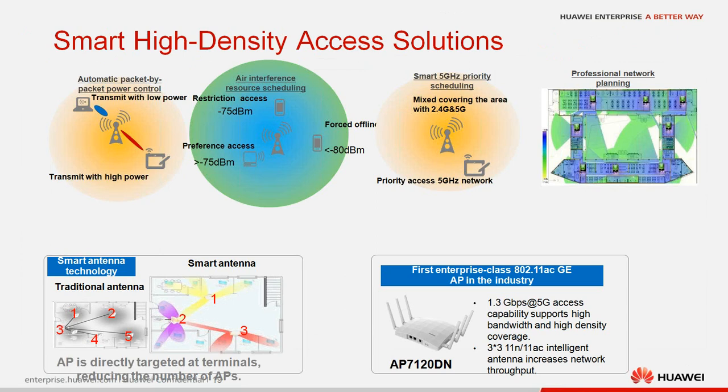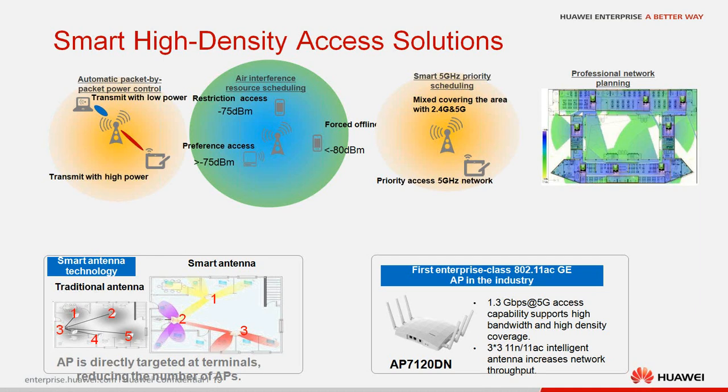There are several neat features that come with the WLAN family. For example, the first one is automatic packet-by-packet power control, which helps reduce interference to other APs and devices. Based on the interference, we can also restrict users with low rates, or even force them offline.